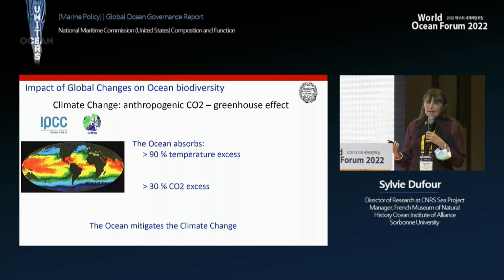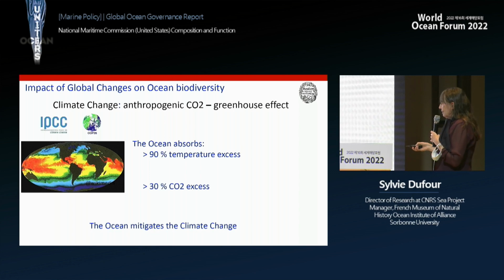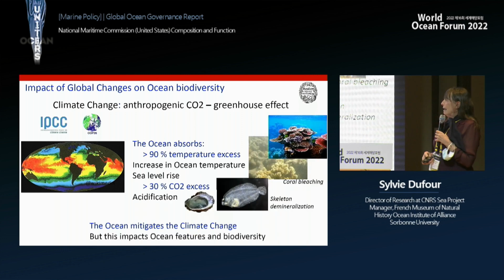That means that if the ocean had not absorbed that, the current situation for us, human beings on Earth, would be much, much worse than it already is. But the ocean won't be able to absorb that forever. It has mitigated climate change up till now, but this effect has impacted the ocean itself.